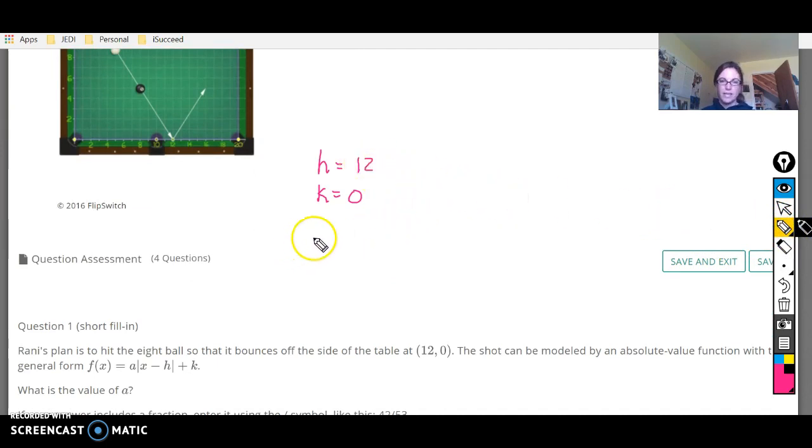So I have f at 8 equals 5. If I plug this in now, I get 5 equals a times the absolute value of, sorry, I want to actually have 8 minus 12 because my x is 8. 8 minus 12, and then remember k is 0, so I don't need to do anything with that.